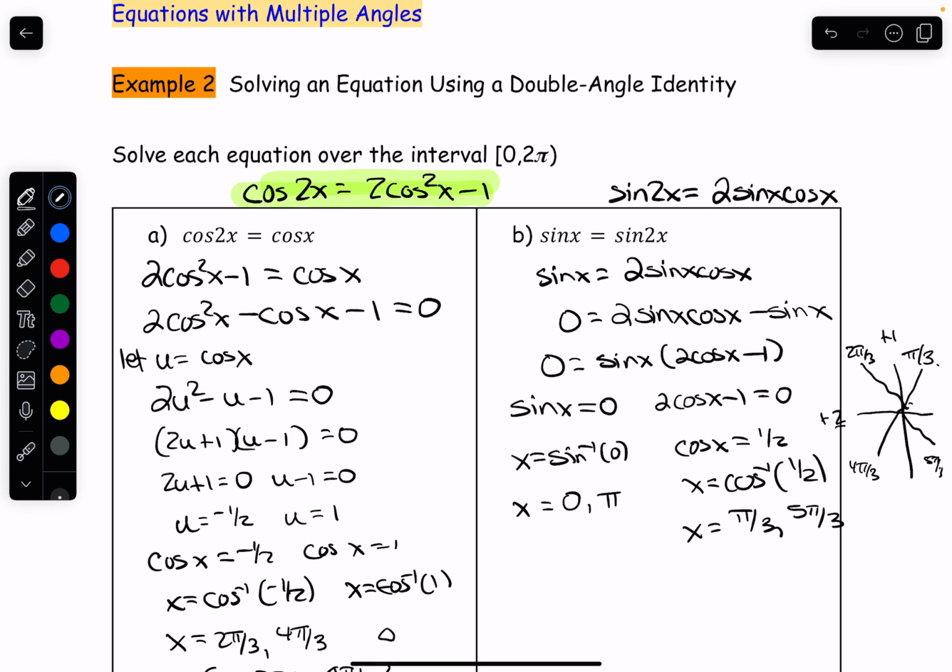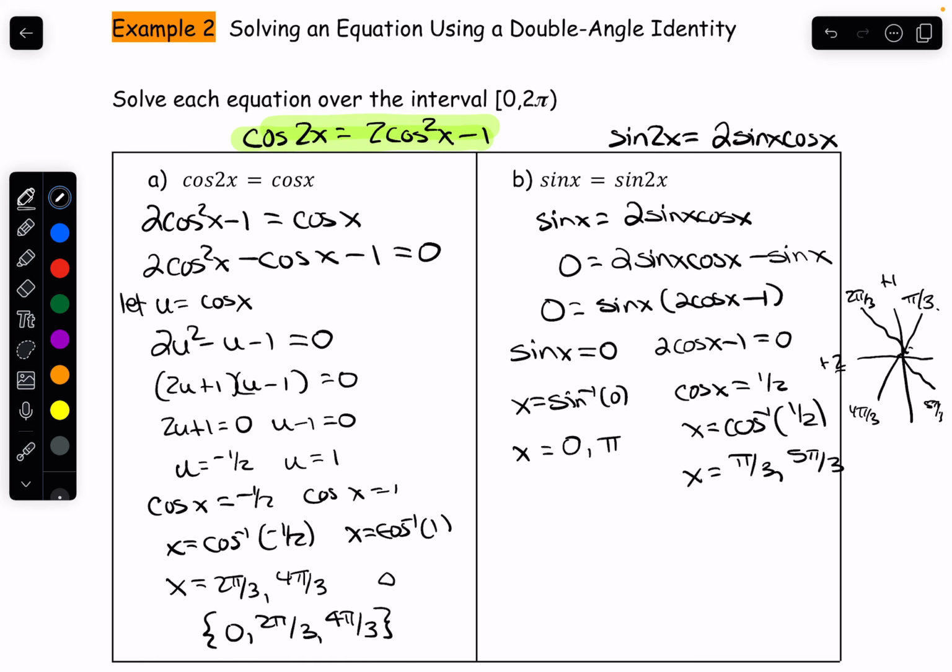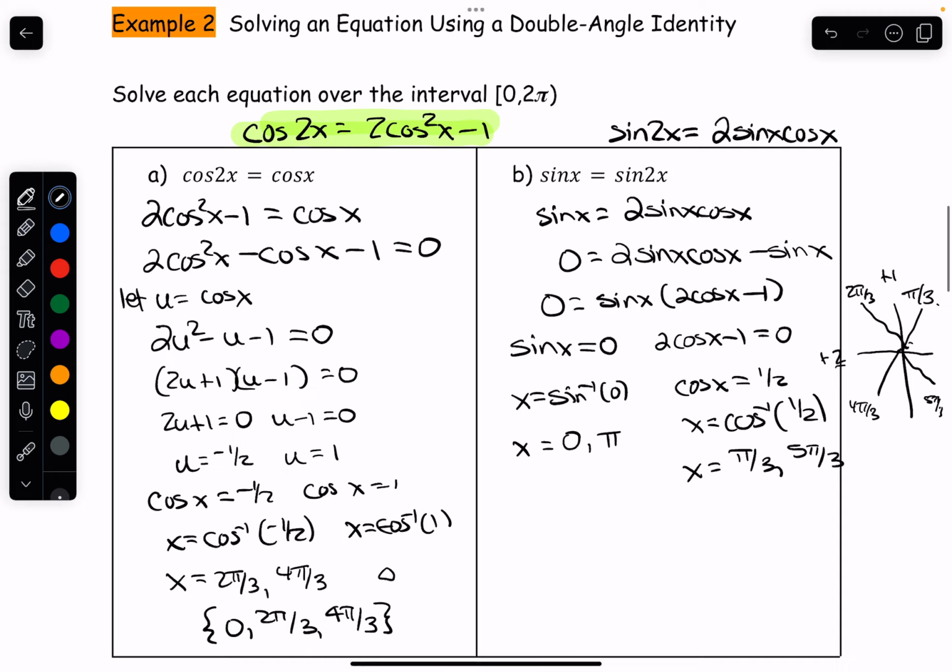And again, I like radians versus degrees because I don't have to find any reference angles or anything. I just know that it's going to have something with a denominator of 3. So again, writing our solution set, putting the values in numerical order from least to greatest, I get these 4 answers: 0, pi over 3, pi, and 5 pi over 3.